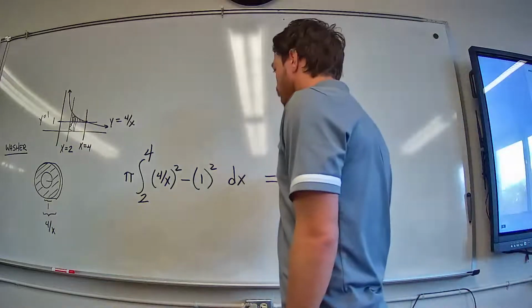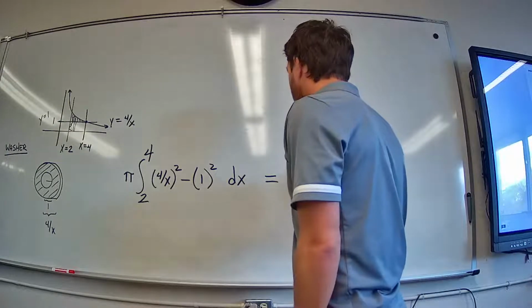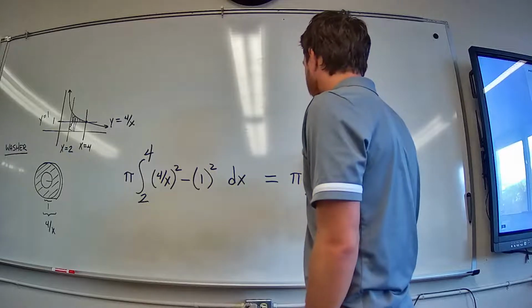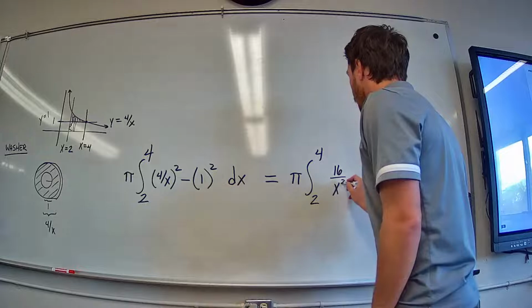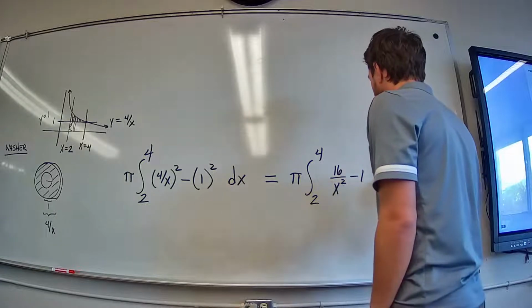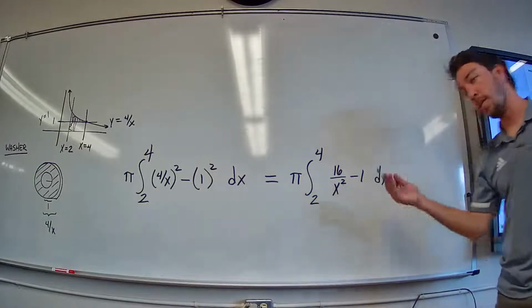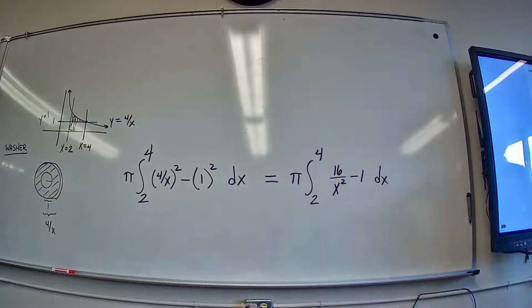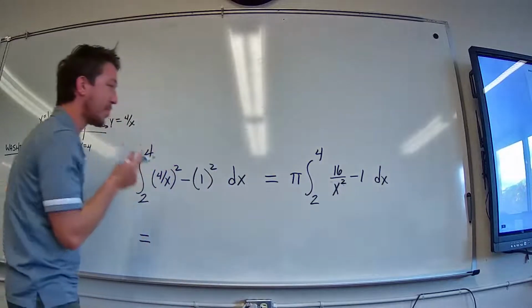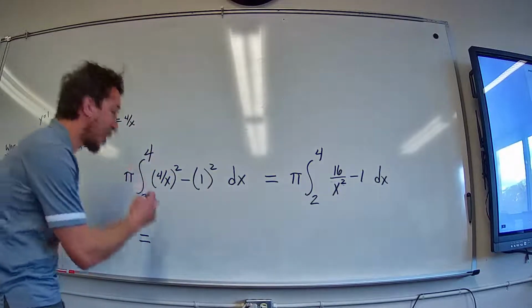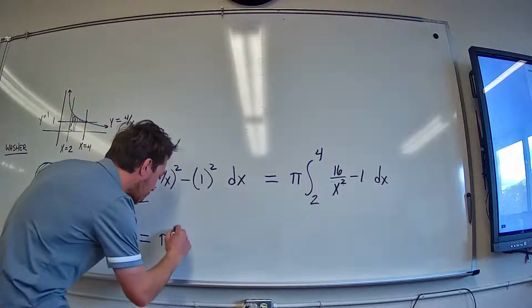Now suppose you need to evaluate this. This would be a pretty easy integral to evaluate, all things considered. I mean, no u-subs or anything necessary. So there you go. Oh, we actually did get the answer. Okay, so you got pi.